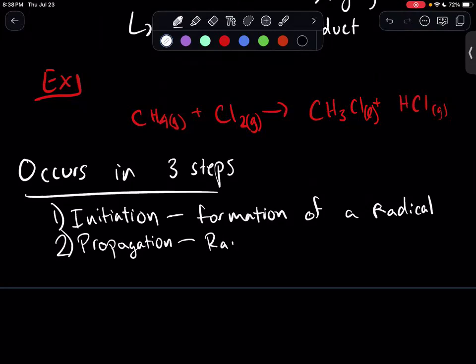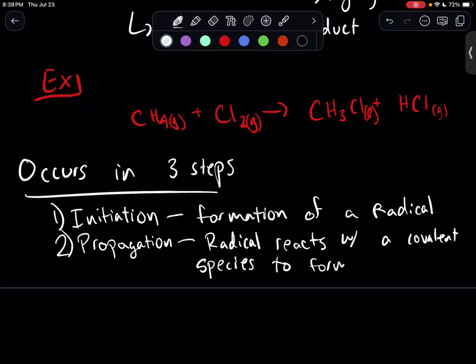And that's basically where a radical reacts with a covalent species to form a new species and a radical.